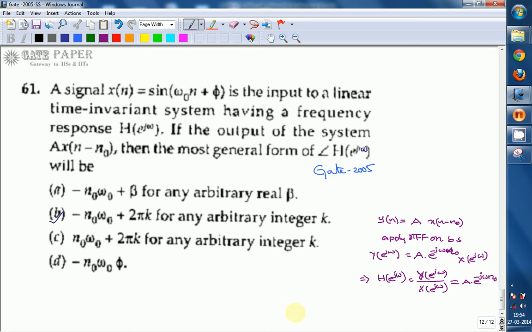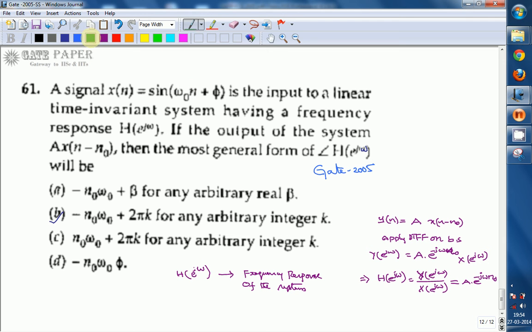This H of e power j omega is called the frequency response of the system.